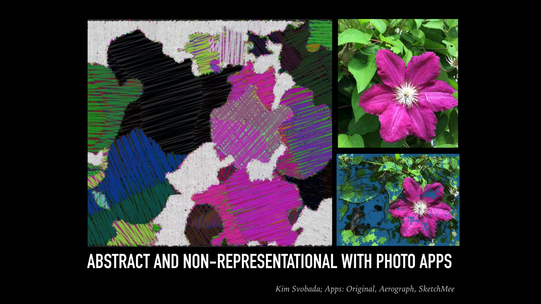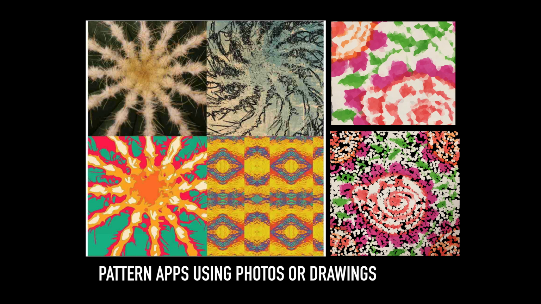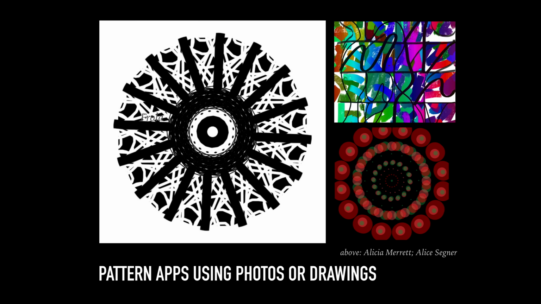And with some of these photo apps, you can also take a realistic image and transform it into something completely abstract, but retaining perhaps the texture or the colors or the proportion. Pattern apps will take images or drawings and completely transform them into different versions, different compositions.